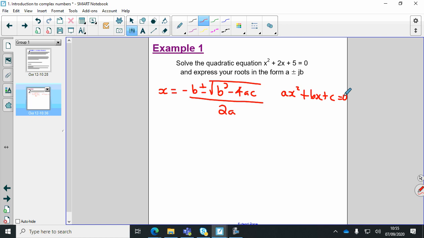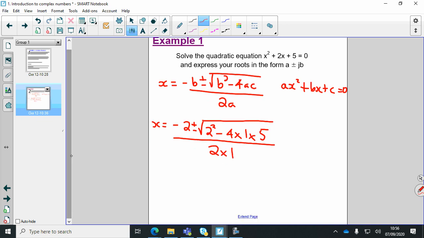If we sub those numbers in to solve for x, a being 1, b being 2, and c being 5, we get minus 2 plus or minus the square root of 2 squared minus 4 times 1 times 5, all divided by 2 times 1.